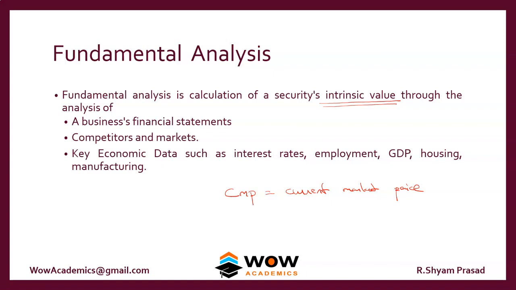So how do we find it out? Usually to find out the intrinsic value, we need a business's financial statements. Then we have to analyze the competitors and what kind of market it is. We also have to analyze macroeconomic data, such as interest rate, employment data, GDP growth rate, housing and infrastructure, and manufacturing that is happening in a country.